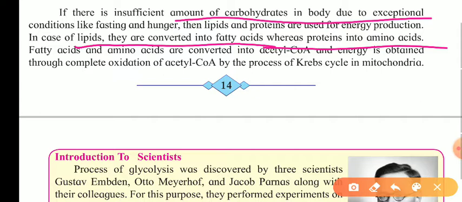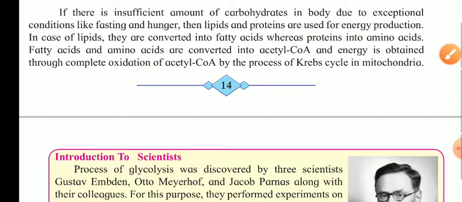So these two components, lipids and proteins, are consumed in the absence of carbohydrates, and they are converted into fatty acids and amino acids respectively. Then these are converted into acetyl coenzyme A, and energy is obtained through the complete oxidation of acetyl coenzyme A. This particular process is called the Krebs cycle in mitochondria.